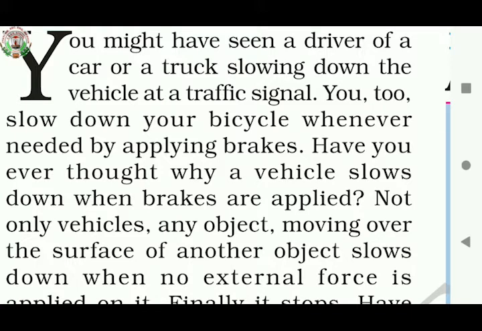When the driver applies a brake on the vehicles, its speed reduces. It slows down. When you apply brakes on your bicycle, it also slows down. Not only vehicles, objects also slow down after some time.